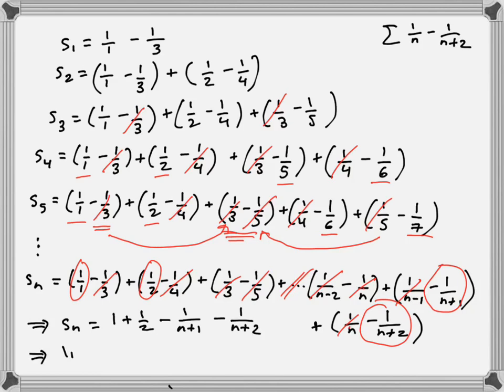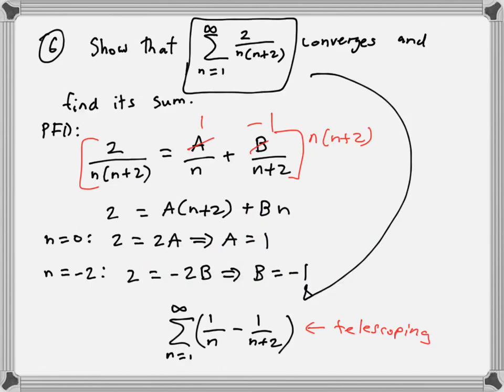So the limit as n goes to infinity of this is equal to, well, these two guys go to 0, don't they? So the limit as that sequence goes to infinity is 1 plus 1/2, which is 3/2. Okay, so what we have just found is that the sequence of partial sums actually goes to 3/2.